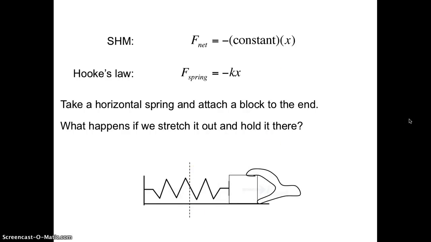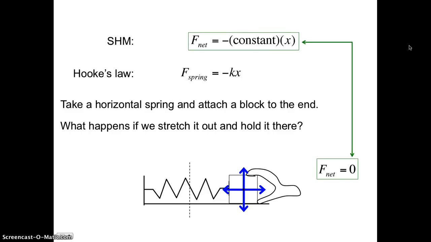If we pull it to the right, our hand will be exerting a rightward force, and the block will pull back to the left. There will also be gravity and the normal force, which balance each other out. Now, if we're holding this block at rest, then clearly the net force is 0 and the block doesn't have a net force, which fails to meet the defining equation for simple harmonic motion.